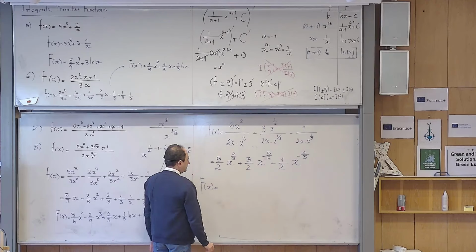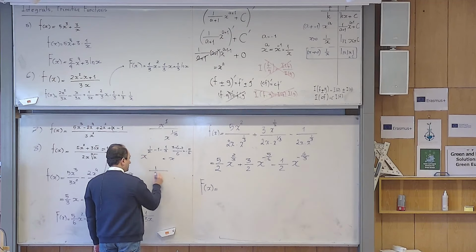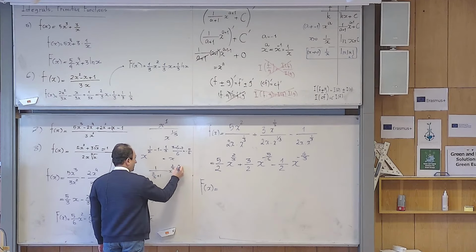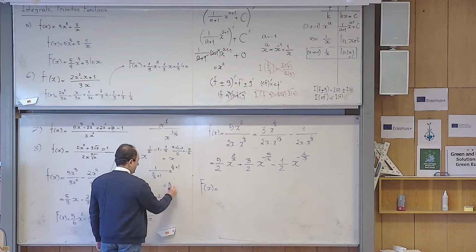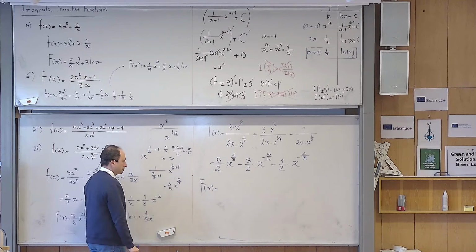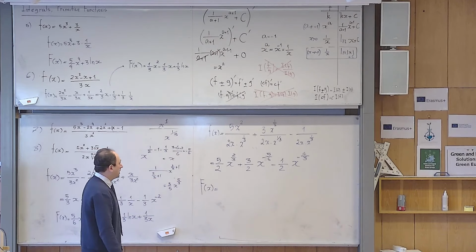So 5 over 2, 1 over, so let me write this one for you. So I would write 1 over 2/3 plus 1, x to the power of 2/3 plus 1. But this becomes 5 over 3, which becomes 3 over 5, x to the power of 5 over 3. Yes? On that last one, I didn't understand.